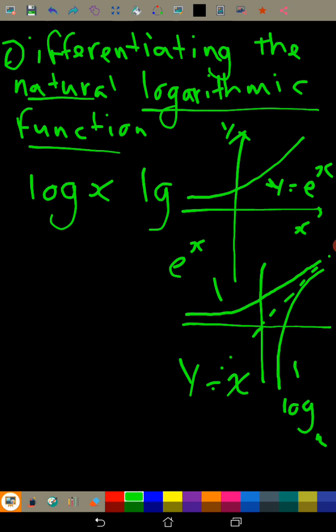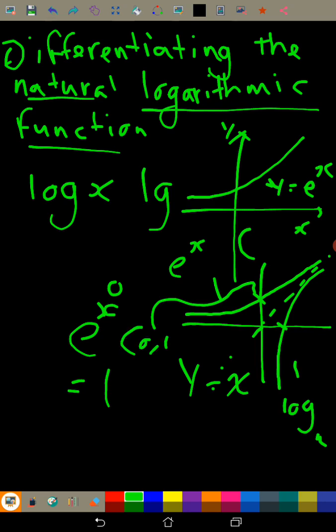Okay, 2 points are very important. These 2 points are here. We know that anything to the power of 0 is 1. So here it's 0, 1.